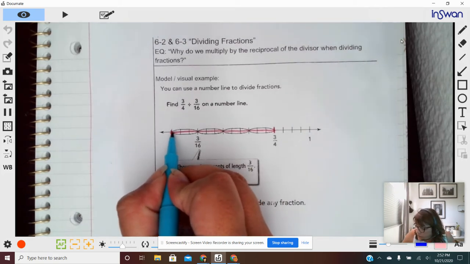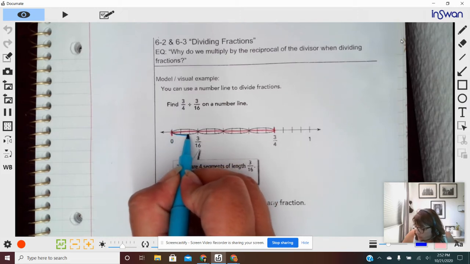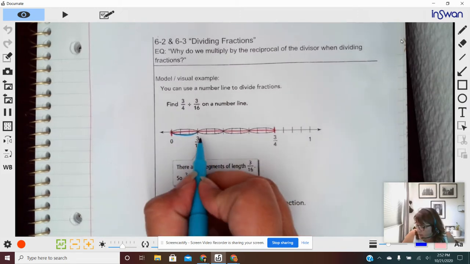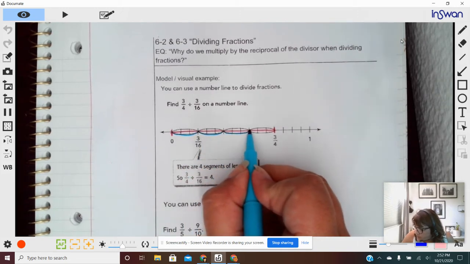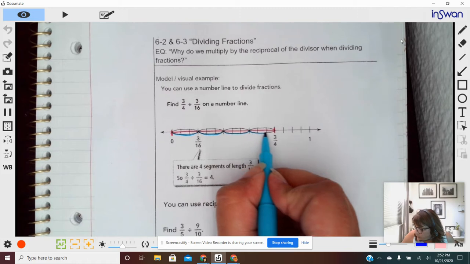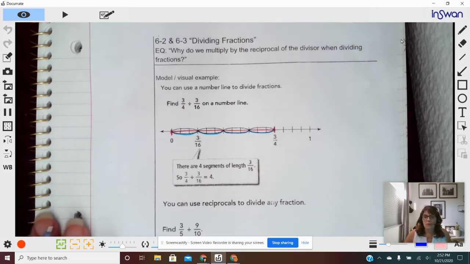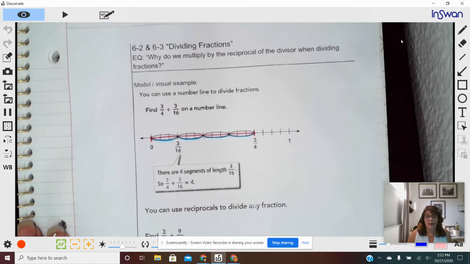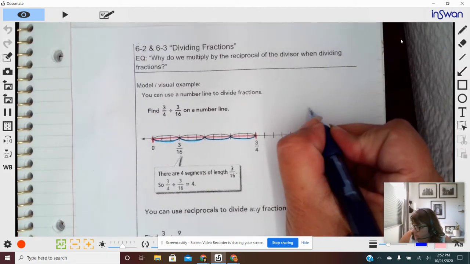Each of these little tick marks is 16ths. So there's 3/16, and there's 3/16, and there's 3/16, and there's 3/16. So when we do the division itself, it should say that we had 4 of that size. Well, let's see what happens.